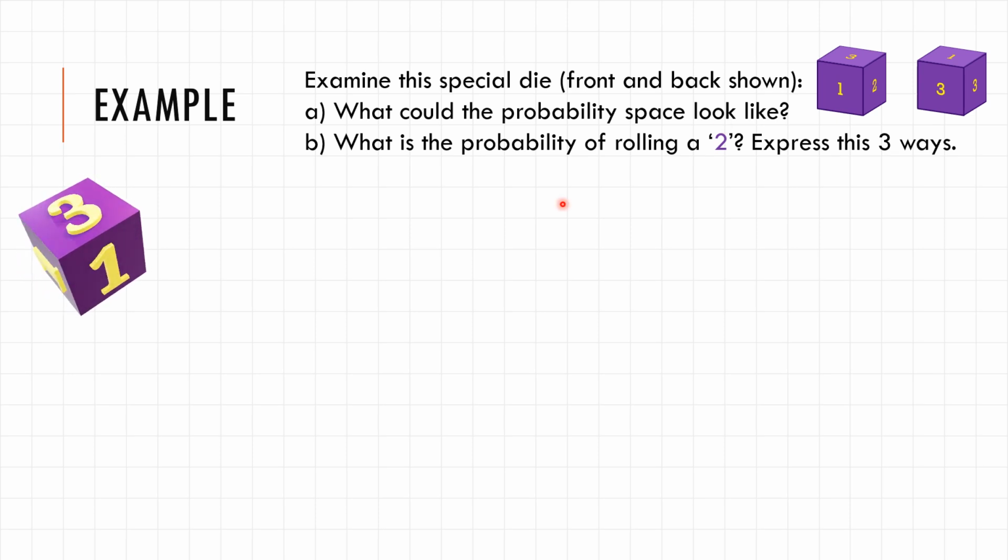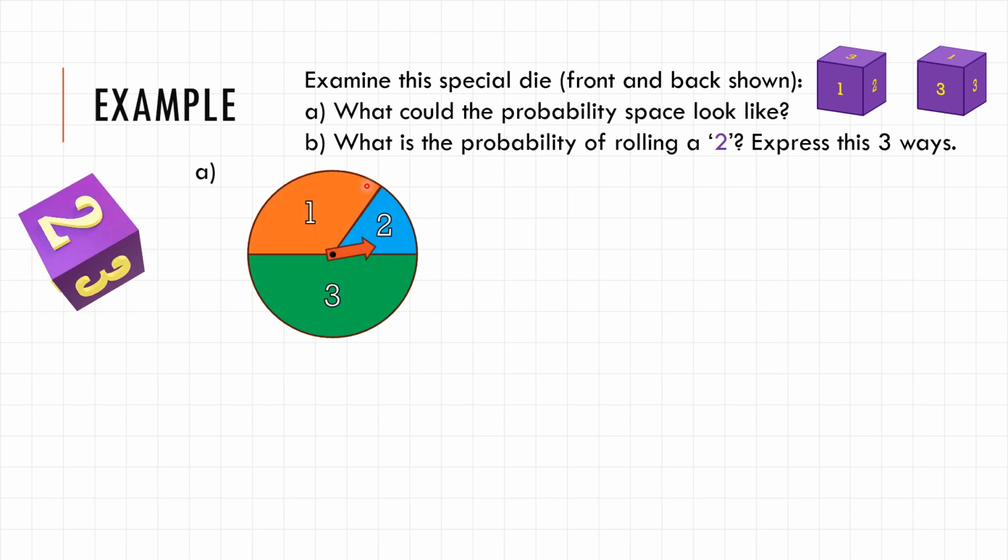So if I wanted to express the probability space of this question A, I could draw a sort of pie chart. I could draw a circle that looks like this. I wouldn't just break it up into 3 even pieces, even though there's only 3 different possibilities, 1, 2, and 3, because there are more ones.